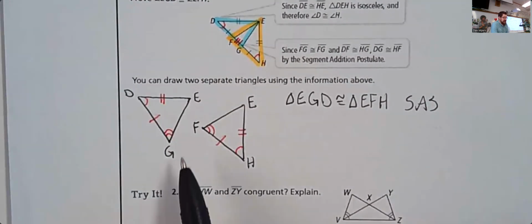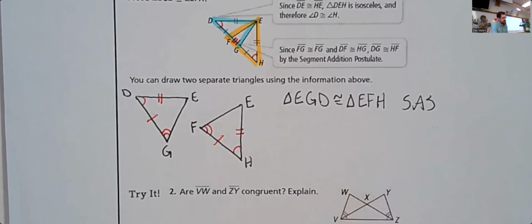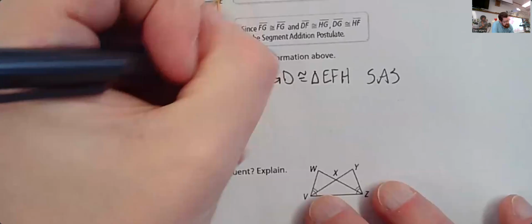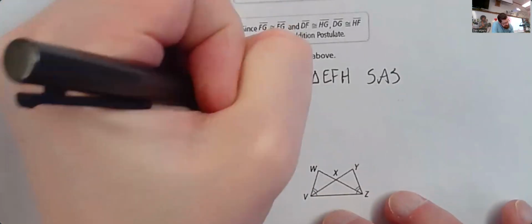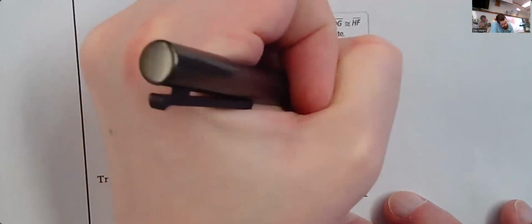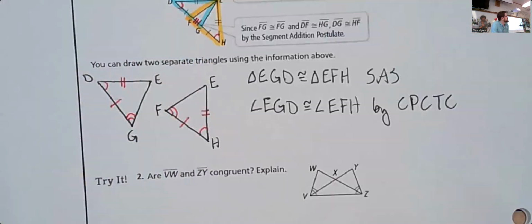And we're allowed to do that now. CPCTC, yeah. Now that we've proved that the triangles are congruent, we're allowed to make statements about anything else. So we can now say that angle EGD is congruent to angle EFH by CPCTC. Nice.